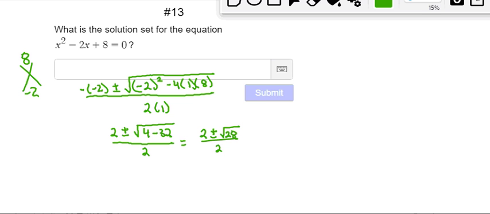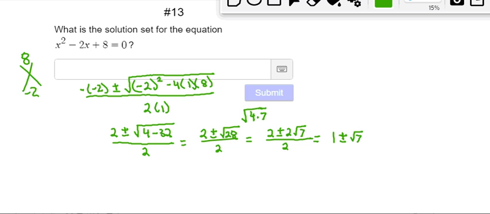Hopefully you can quickly recognize that 28 has a perfect square factor of 4. So that is going to equal 2 plus or minus, once again, we pull out the square root of 4, which is 2. 2 square root 7 divided by 2. We have a fraction that can be simplified. 2 divided by 2 is 1. 1 plus or minus the square root of 7.